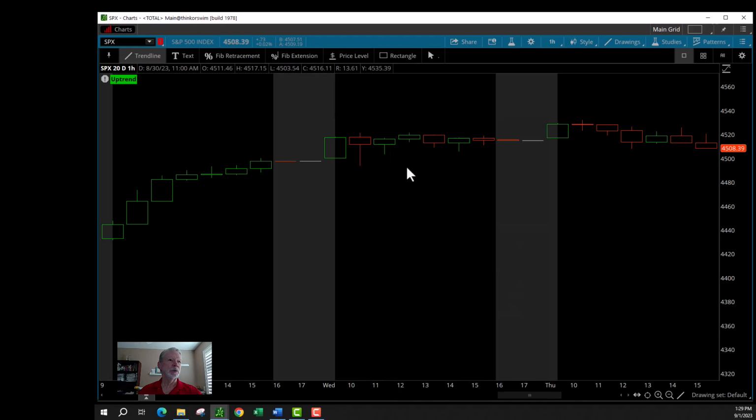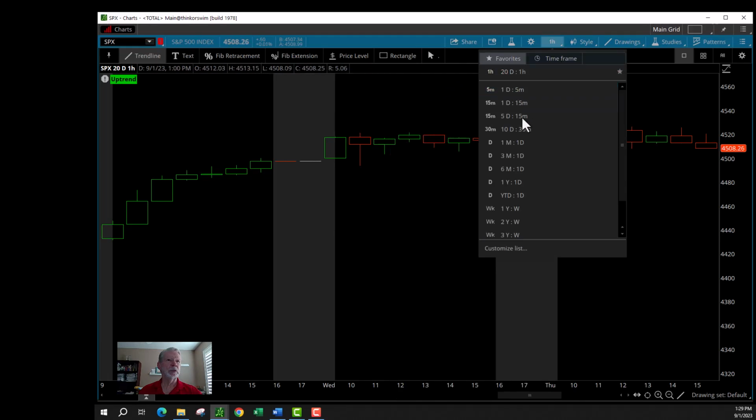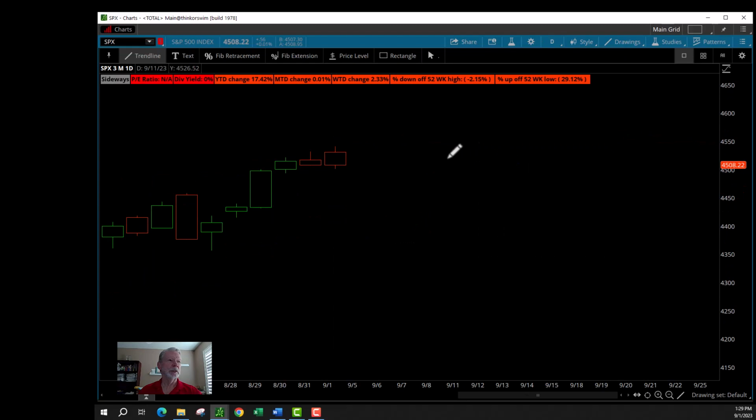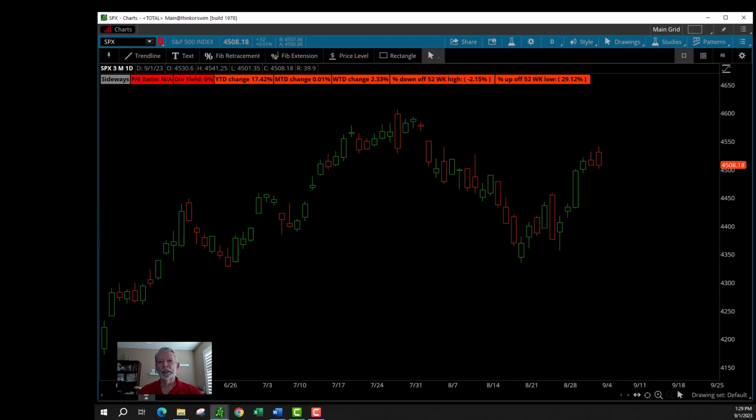So let's remove that, go back to a 3 month, and get everything back to normal. Just keep in mind the terminology: open and close, the range for the day, the color of the candle, the top and bottom wicks. That's what we'll be using in the future sessions.